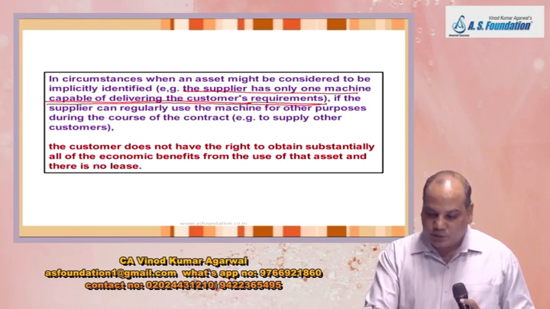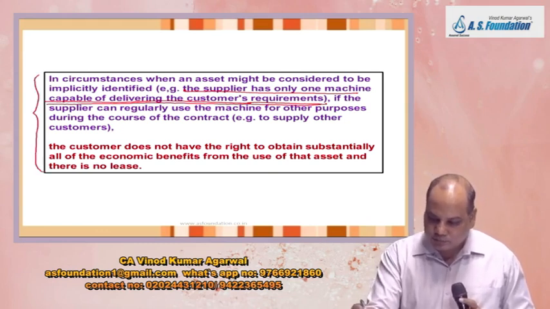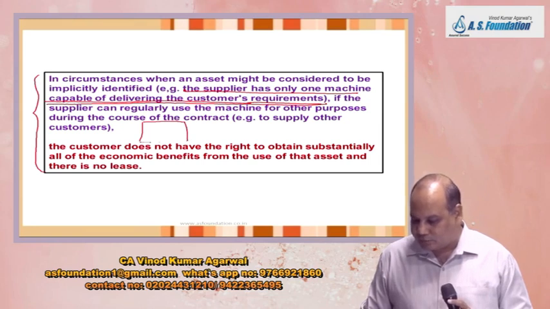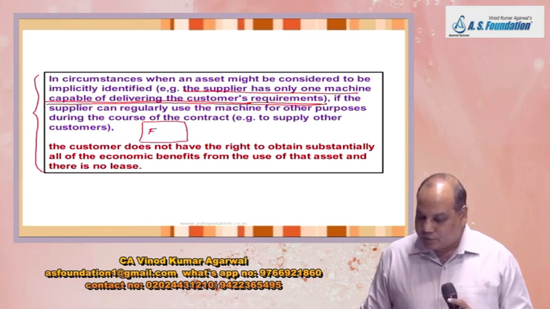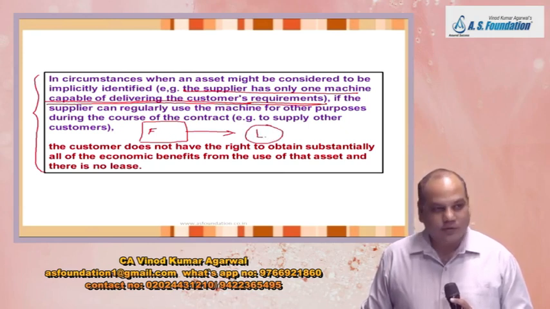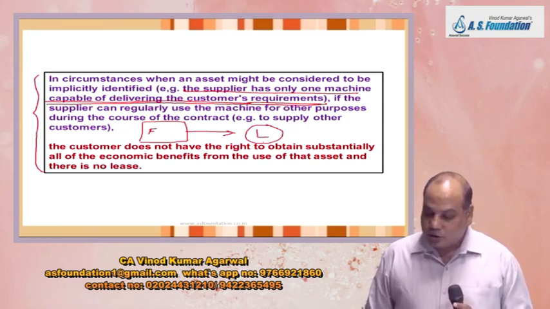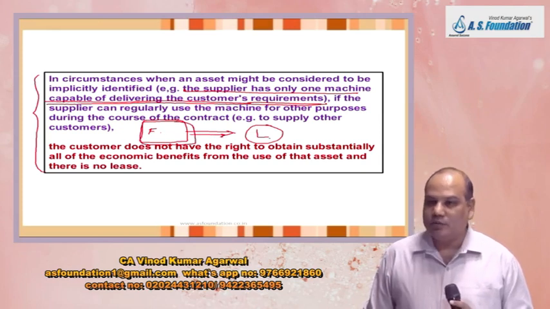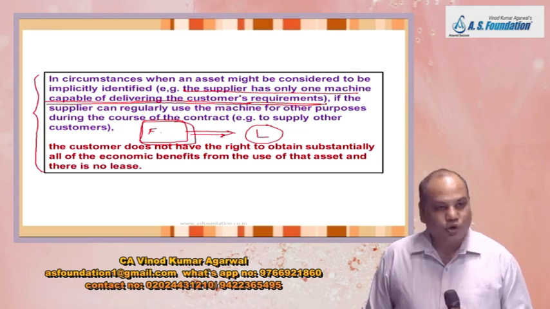Now, this point I will explain again after some time, but understand, this standard will really be a game changer for many entities. How? See. Now, this is a factory. This factory is used to manufacture output which is used by a lessee, or a person called L. 100% of the output of this factory is for L. You will think that it is a normal transaction.